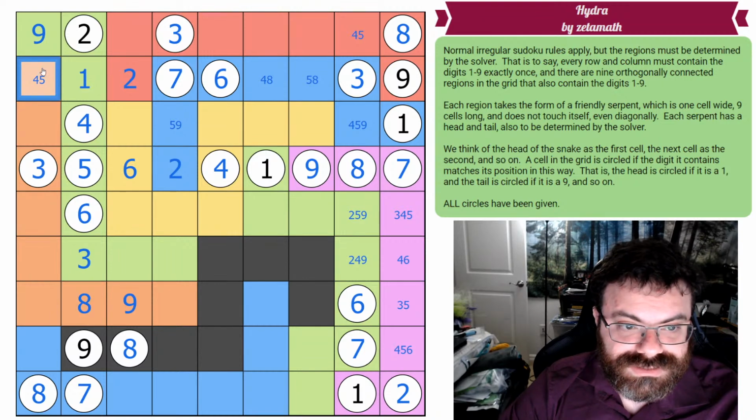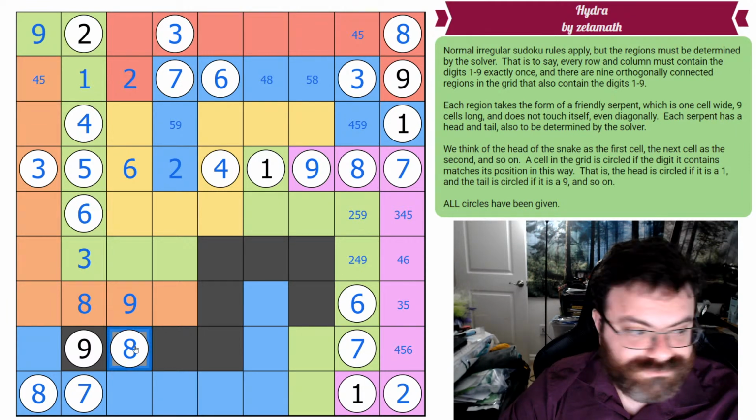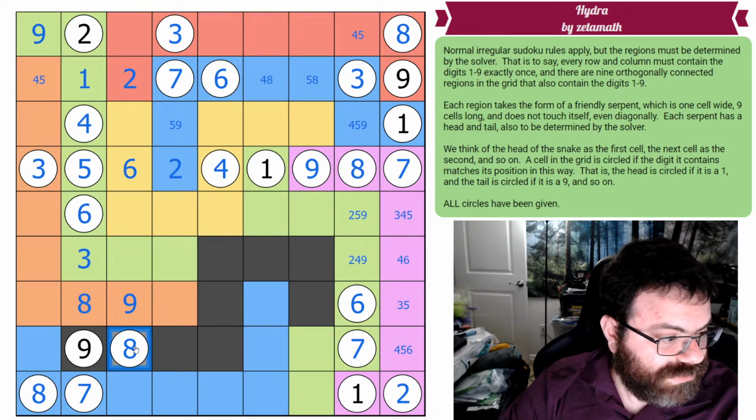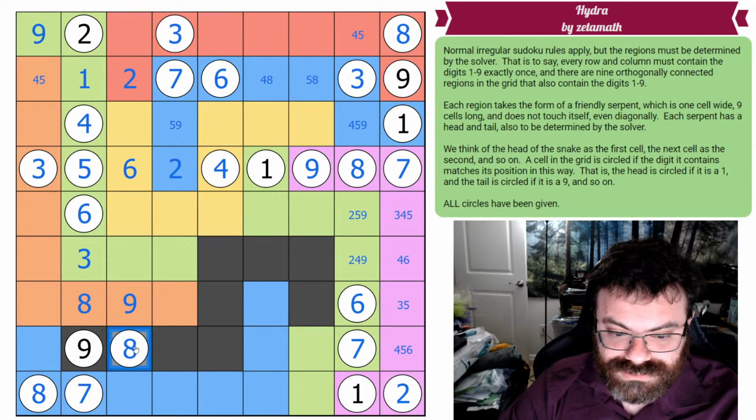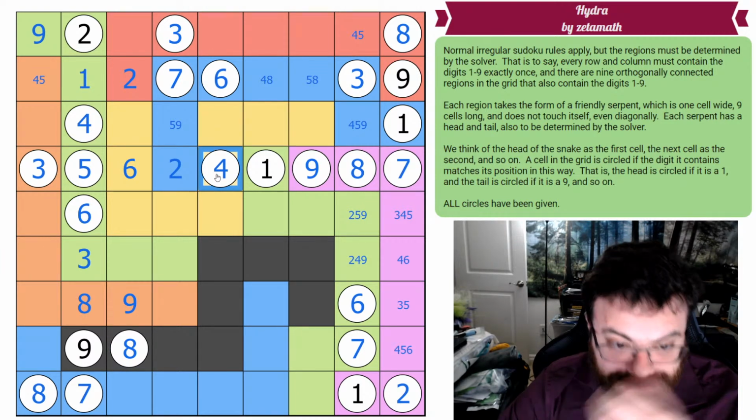This can't be 8 because orange has one already. I don't even know. Oh, actually, yeah, I do know what direction this goes. So the 4 is here.